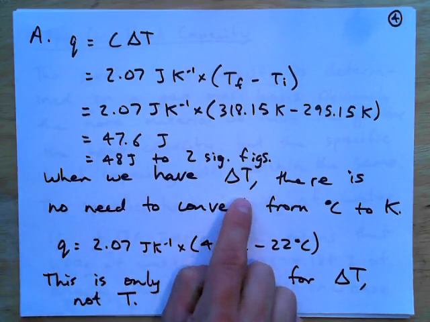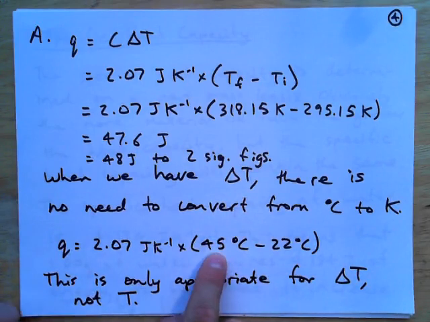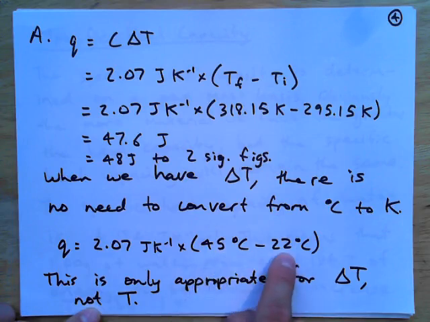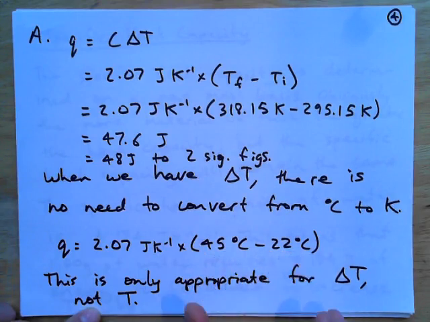When we have delta T, there is no need to convert from degrees Celsius to Kelvin, and the reason is because to this 45 I add 273.15 when I'm converting to Kelvin, but I also add 273.15 to this value, and because there's a subtraction here, it'll be 273.15 plus minus the 273.15, and so you get rid of that term.